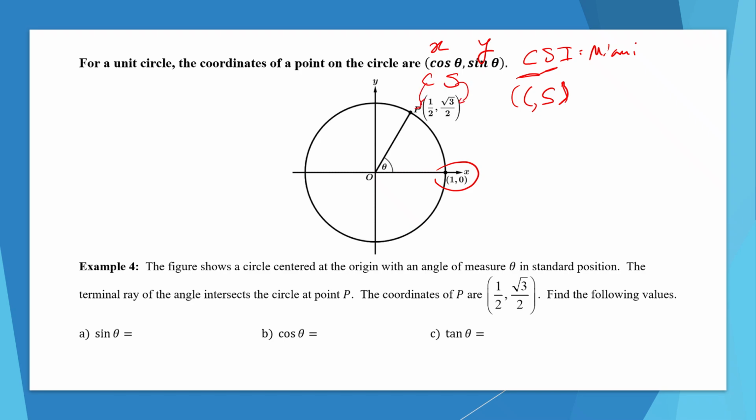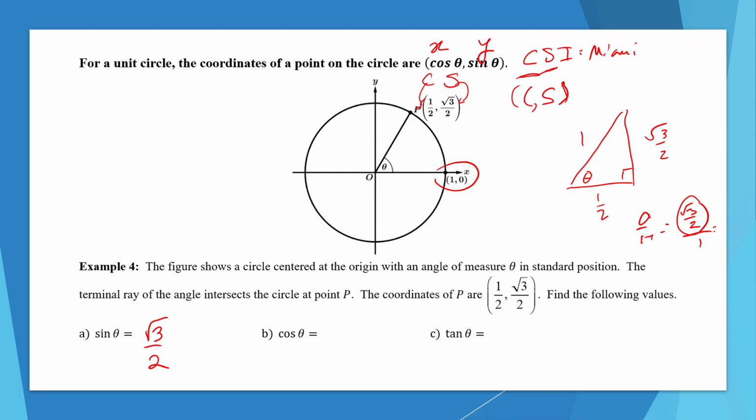So sine of theta should just be root 3 over 2. And that is going to be true if we did draw out SOHCAHTOA and did it the long way. This length would be 1/2, this would be √3/2, and then our radius would be 1. So if we did sine, for example, opposite over hypotenuse, that would be √3/2 over 1, which is just √3/2.